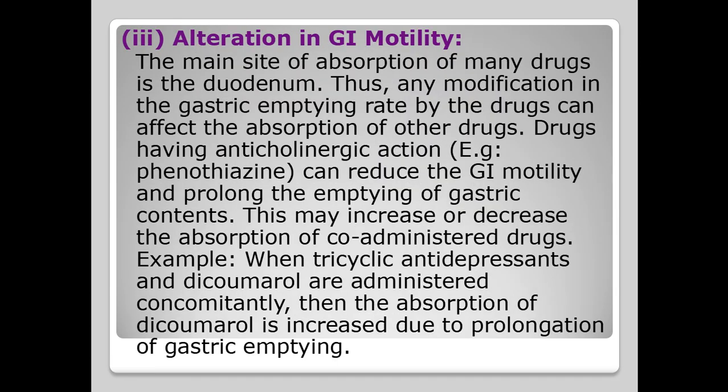The next mechanism is alteration in gastrointestinal motility. The main site of absorption of many drugs is the duodenum. Thus, any modification in the gastric emptying rate by the drugs can affect the absorption of other drugs. Drugs having anticholinergic action like phenothiazine can reduce the gastrointestinal motility and prolong the emptying of gastric contents.